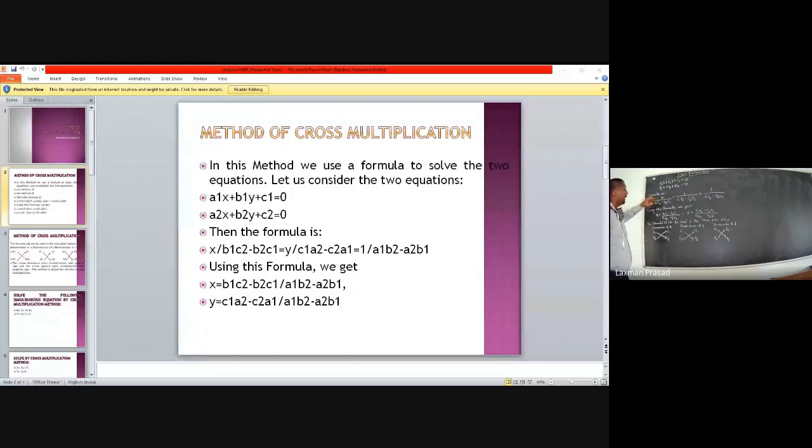Formula: if you find out the value of x, then eliminate x.